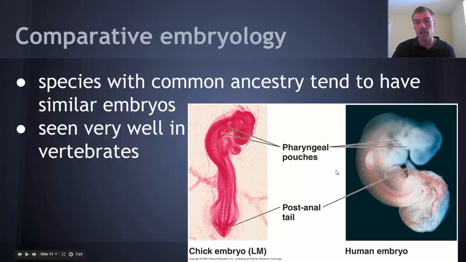And you can see in general how similar the embryos look to one another. And if you were to look at all vertebrate species, you would see this very similar form early in development. And then as development continues forward, the embryos begin to look more and more like the offspring, the newborn forms, and so they begin to look more and more dissimilar.